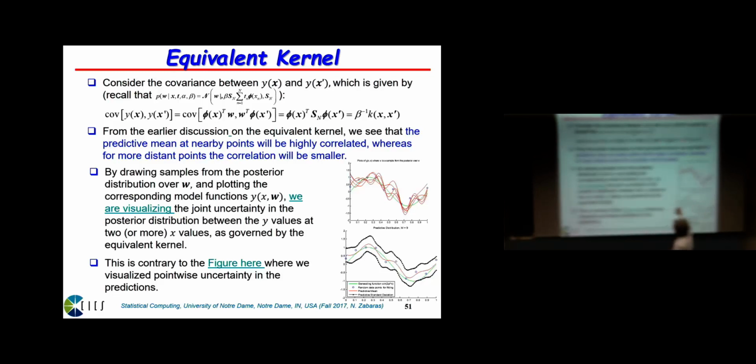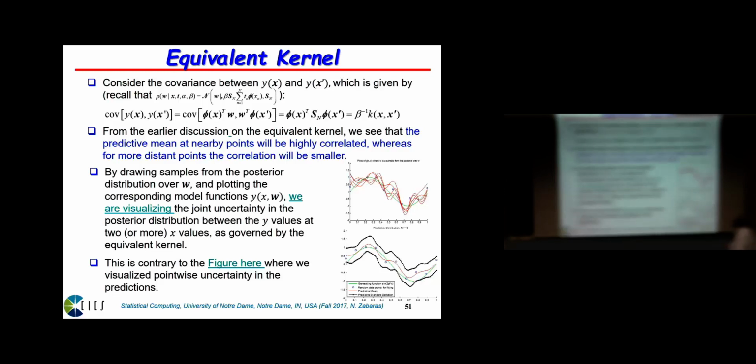So if you want to know how the response here correlates with the response there, the information is all contained in the kernel. If you don't think of this kernel representation, the only way to capture the covariance at two different locations is to draw samples of W and then plot the regression function for different W's, and this is what these plots are all about. This variability at two different points x and x prime is the information contained in the kernel.